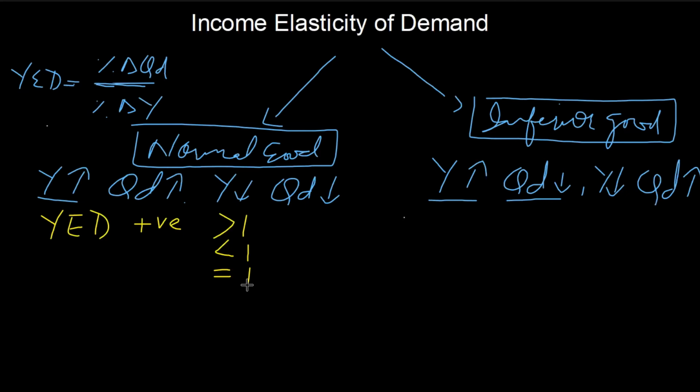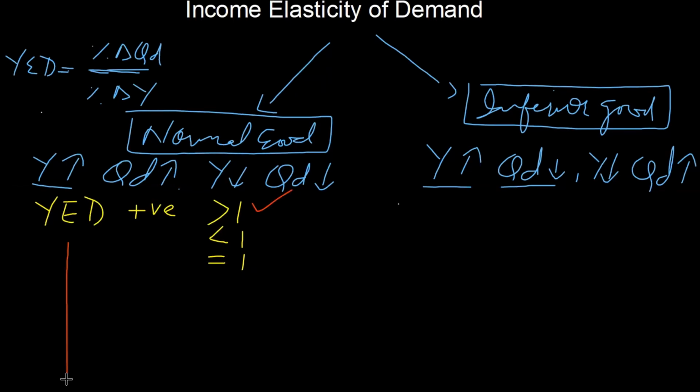Okay, now we can see that if income elasticity of demand is greater than 1, then how its income consumption curve will look. We have quantity demand on X, this is the origin point, and we have income on the Y-axis.